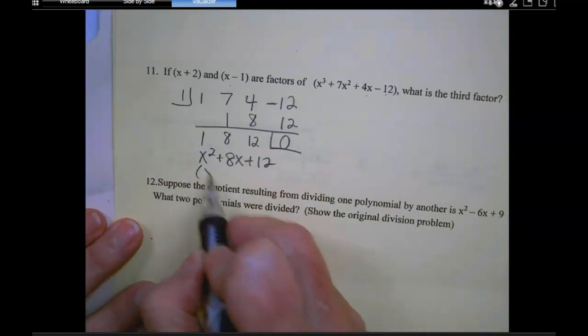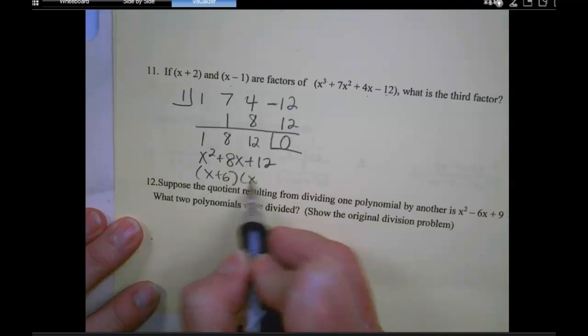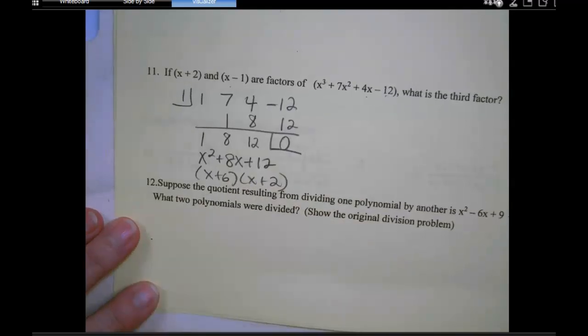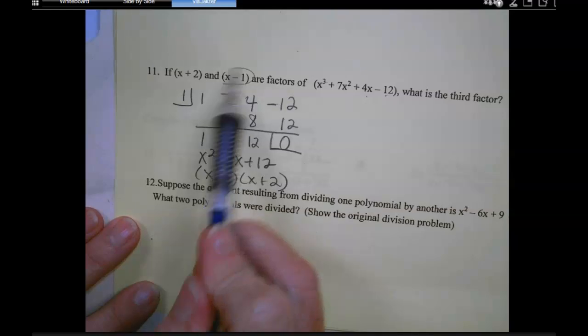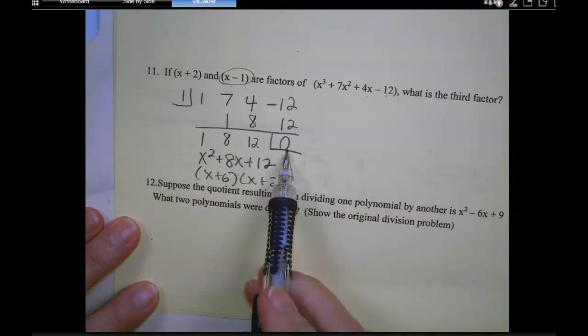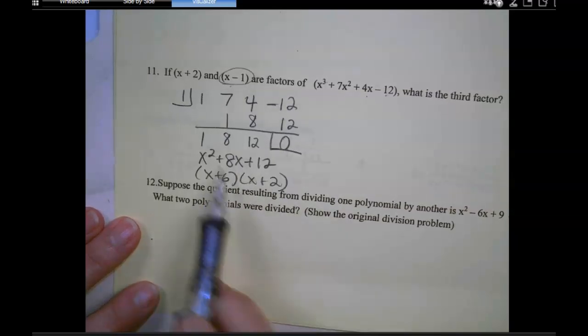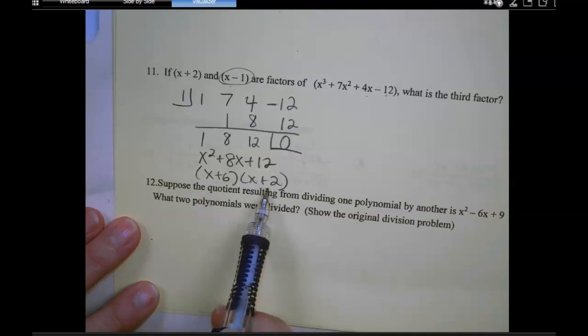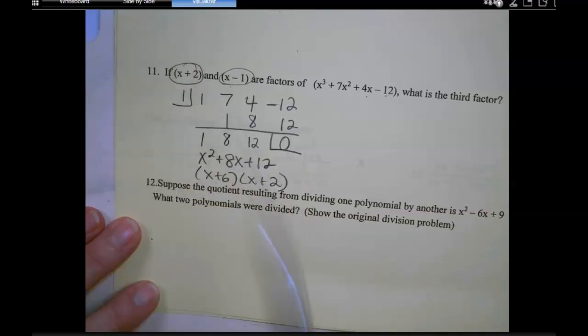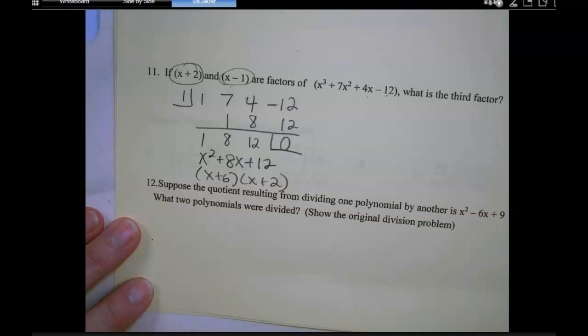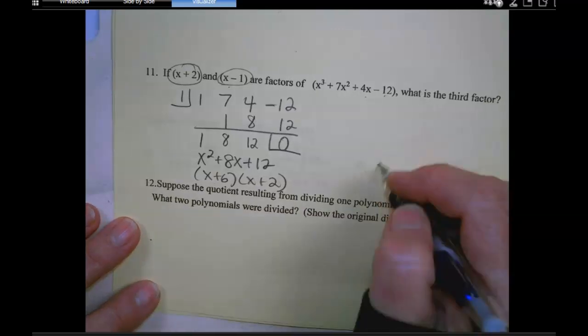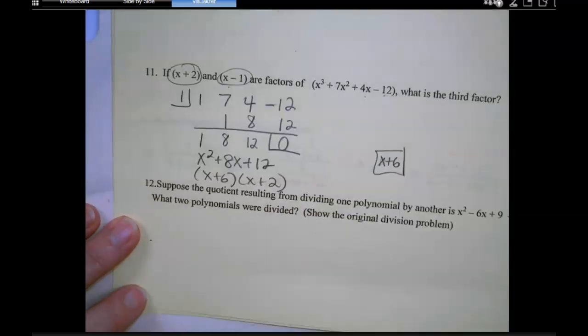Very good. So we get x plus 6 and x plus 2. We already know that x minus 1 is a factor because it just told us 0, right? It gave us this, x plus 6 and x plus 2. Here's the x plus 2. So the third factor that they were looking for was x plus 6.